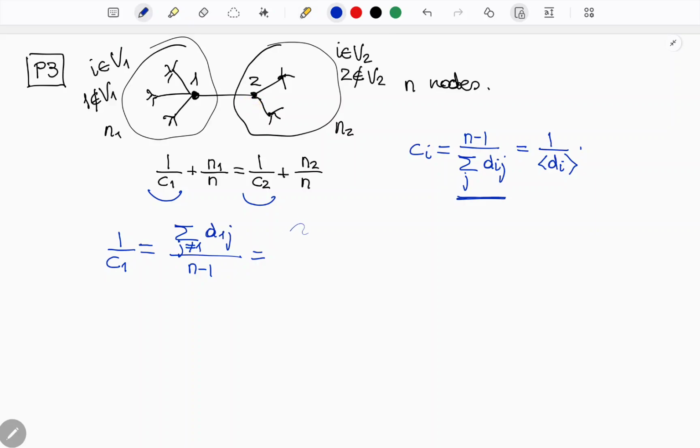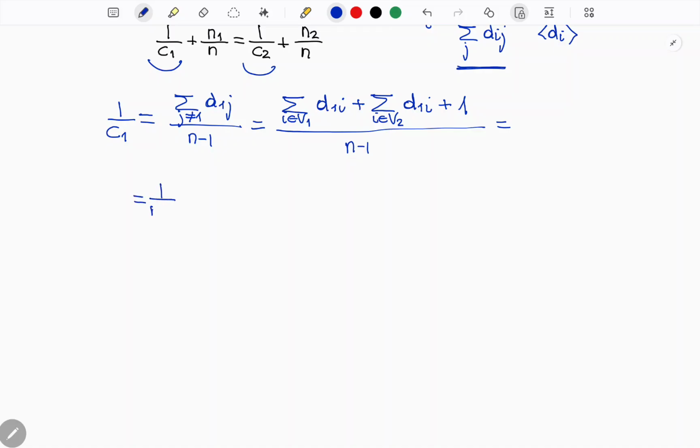So now we have the addition for all the nodes in V1 of d_1i, plus the addition for all the nodes in the set V2 of d_1i, plus node 2, because node 2 is not in V2. But I know the distance between nodes 1 and 2 is given, it's just one step, so in this case it's just 1. And I still divide this by n minus 1.